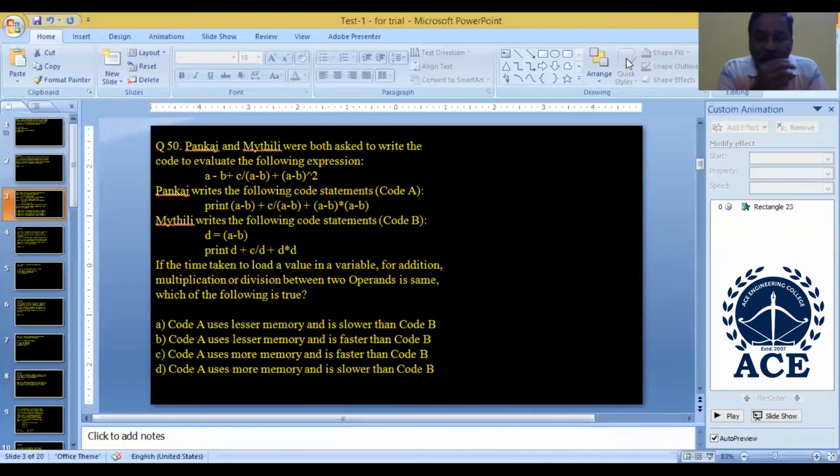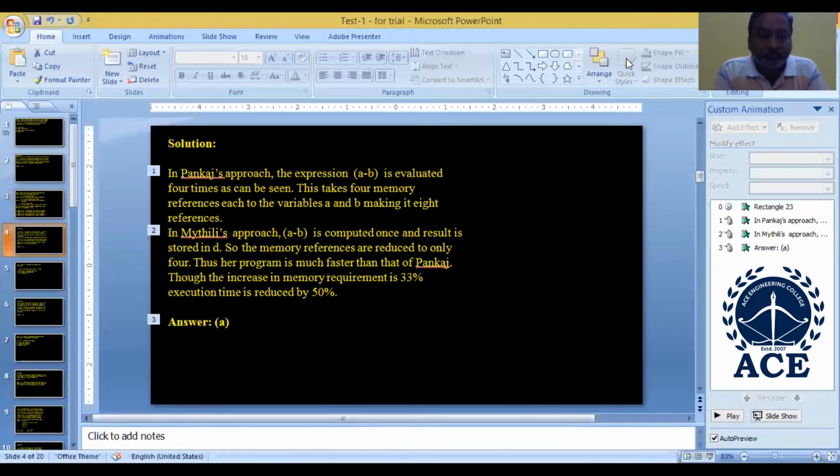The question is on which program is the better program. So we'll go to the explanation, see the solution, and come back to the option.